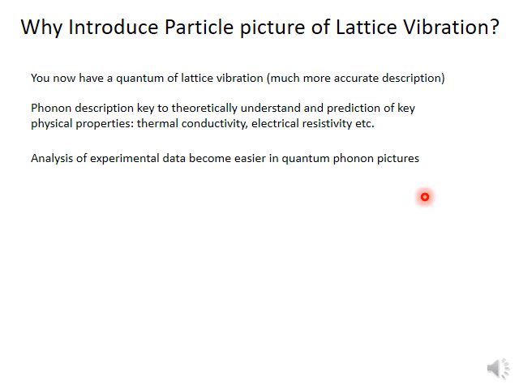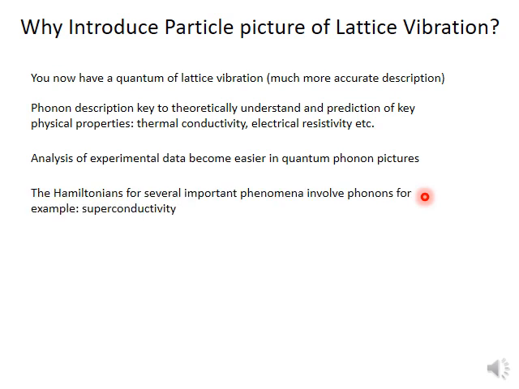Some of the theories we already introduced in this course normally fall short of explaining experimental data. To properly account for experimental data, because practical systems are much more complex, you have to take into account many different physical processes, and you can only do it in a quantized picture. So to properly model experimental data, you need a quantum phonon picture.